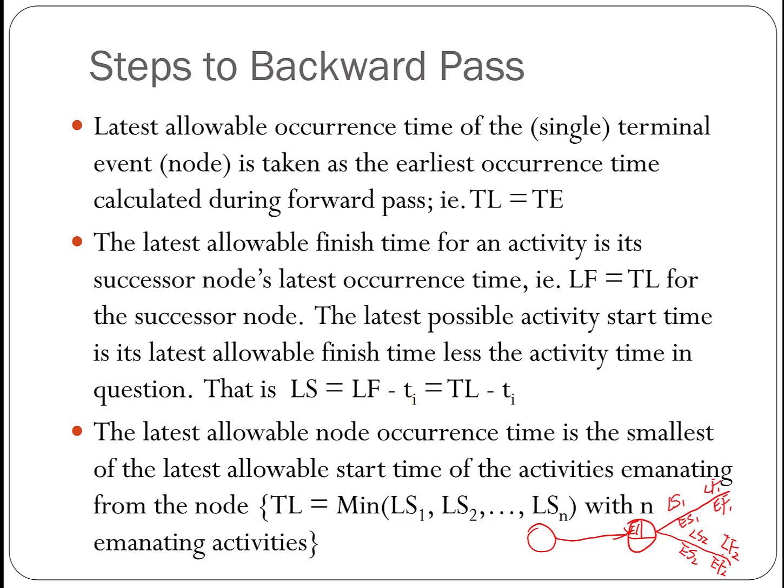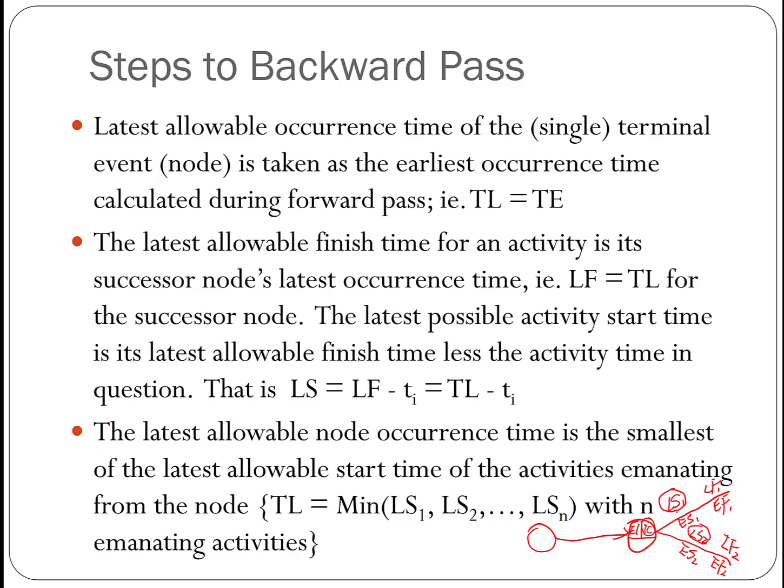Now, how do we determine this late time? This late time here, how do we determine this one? If we have more than one activity coming out of this node, this late event time will take the smallest one among the late start times of the activities coming out of it.